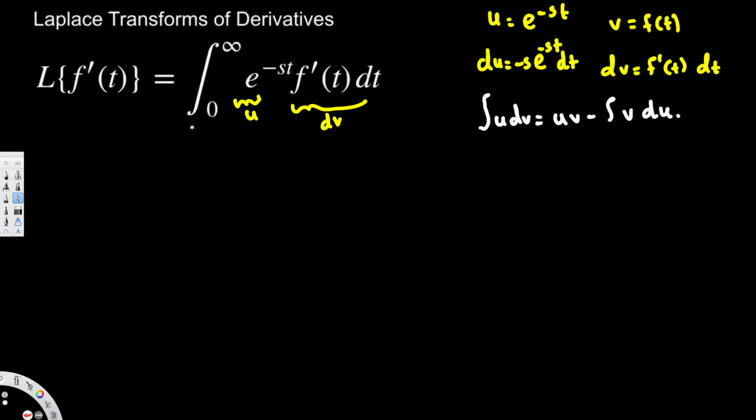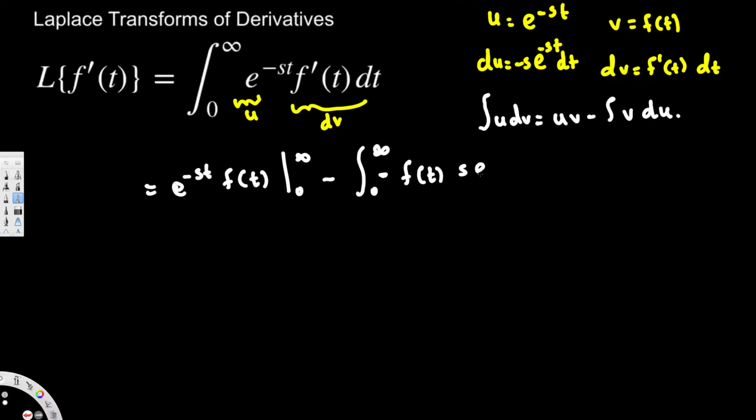Now let's write this out. u times v is e to the power negative st times f of t, going from 0 to infinity, minus the integral, also going from 0 to infinity, of v du, where v is f of t and du is negative s e to the power negative st dt.